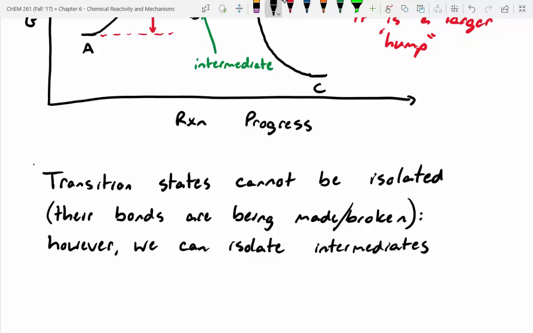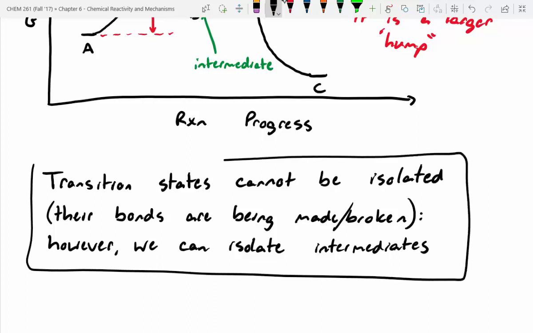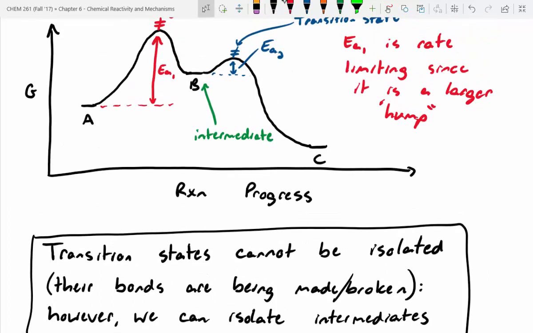It's a little bit tricky isolating intermediates. Oftentimes it requires fairly advanced instrumentation because, like I said, if we look at B, it's pretty unstable. It wants to get to C as quickly as possible, but using spectroscopy, you might actually be able to observe that intermediate as it exists. It's a lot harder to see a transition state, let alone isolate it.